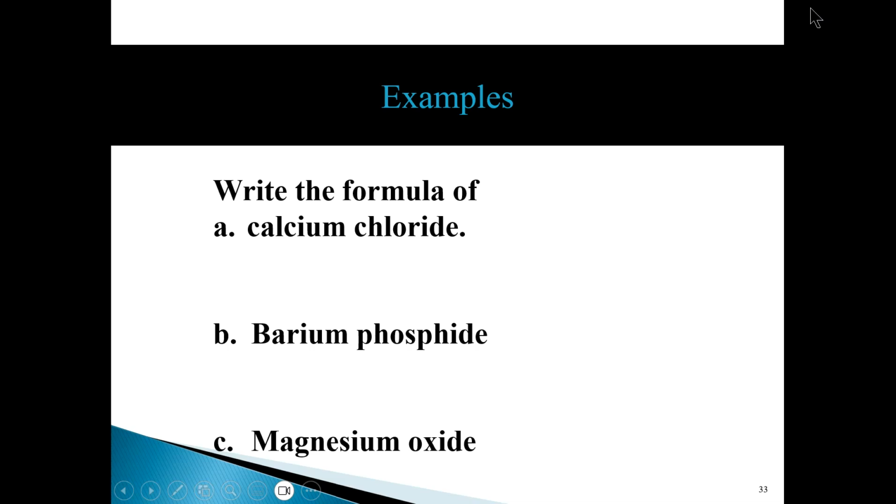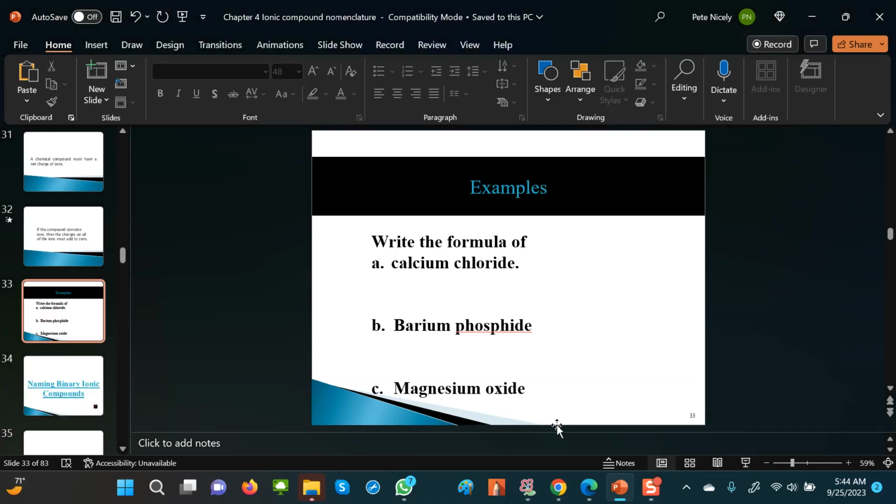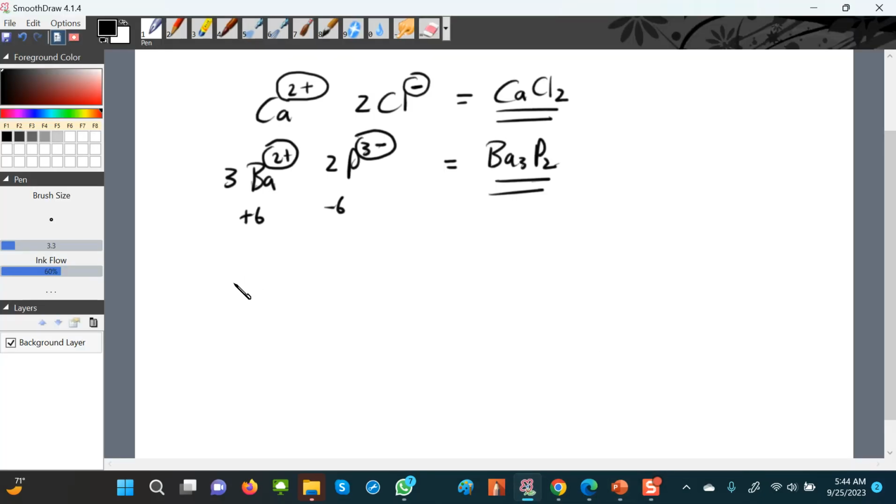Okay, the last example is magnesium oxide. And it turns out that this one is the easiest one. Why? Because if you look it up, the formula for the magnesium ion would be Mg2+, and the formula for the oxide ion would be O2-. As it is, the number of plus charges is exactly equal to the number of negative charges.